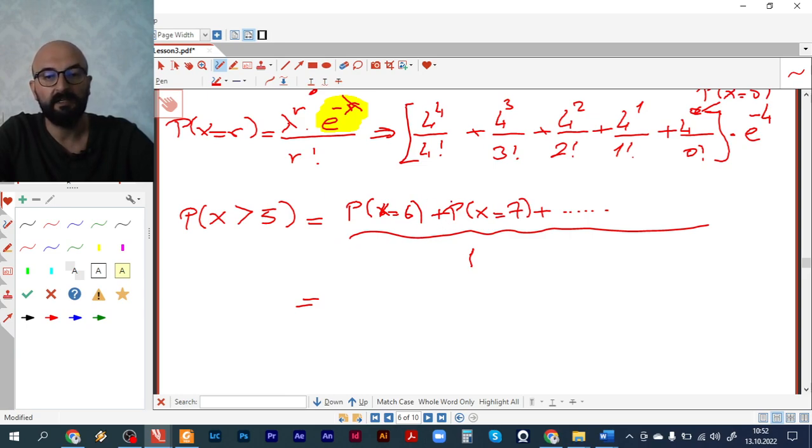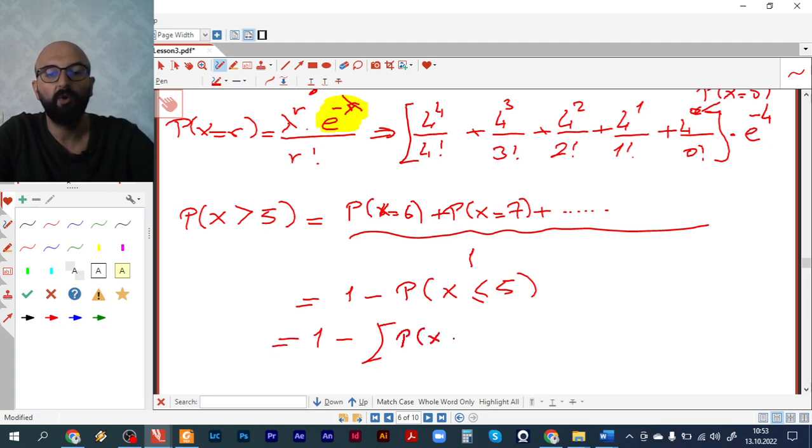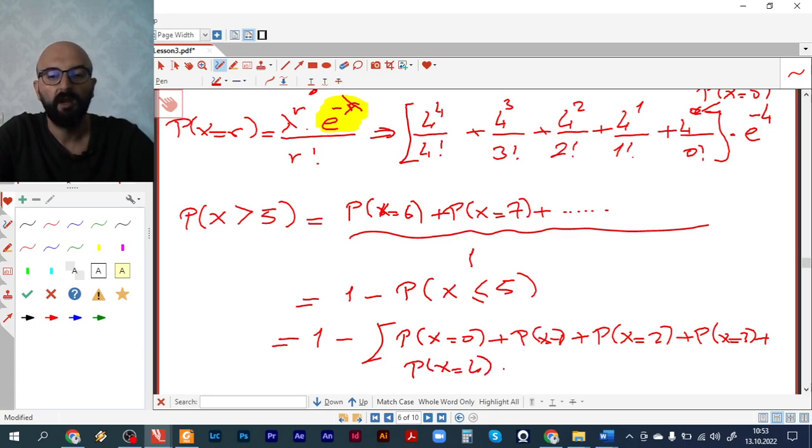Instead of this computation, compute 1 minus the probability of x less than or equal to 5. So 1 minus the probability of 0 plus the probability of 1 plus the probability of 2 plus the probability of 3 plus the probability of 4 and the probability of 5.